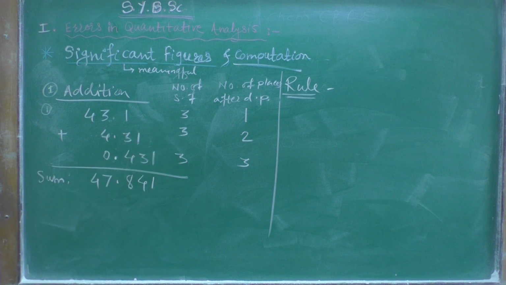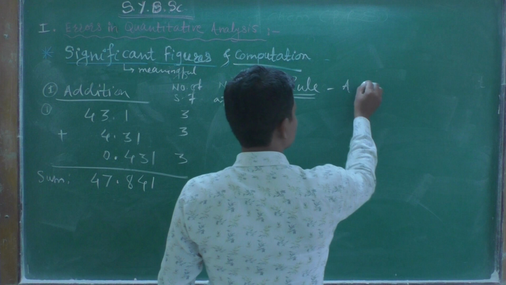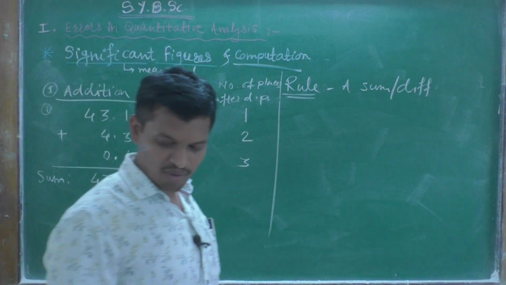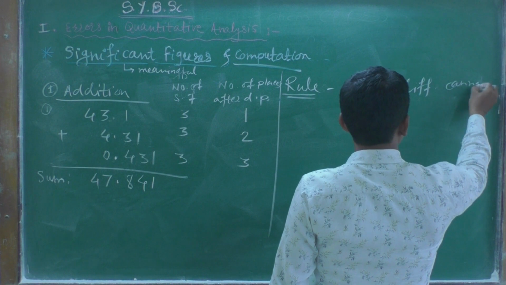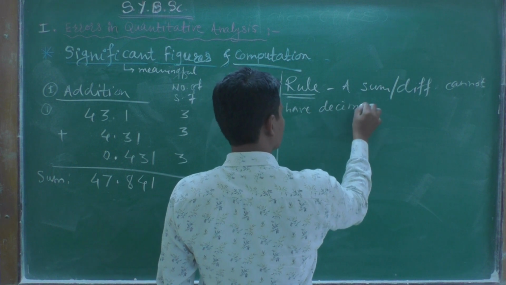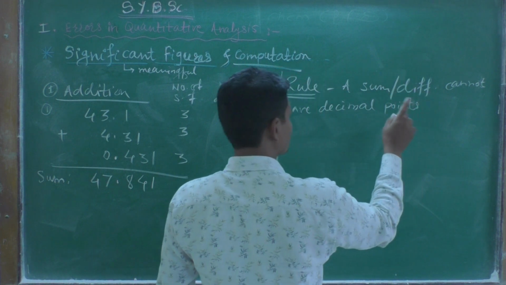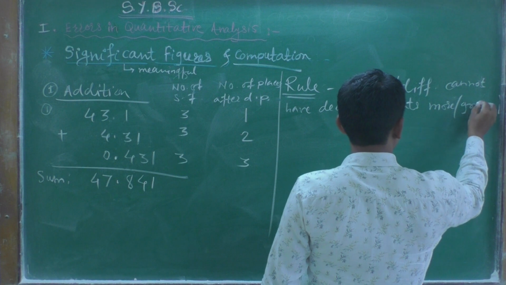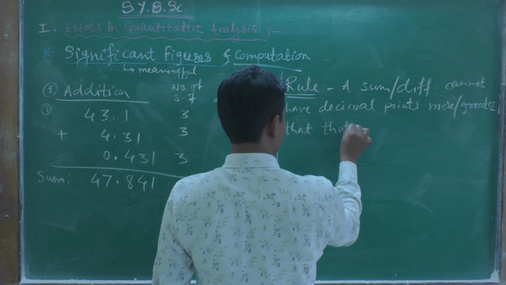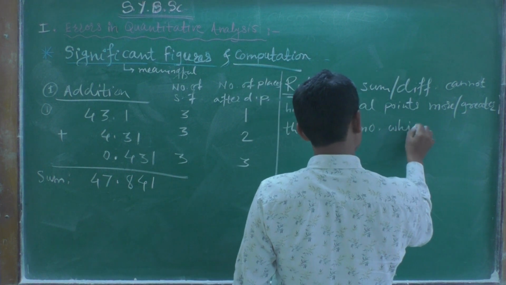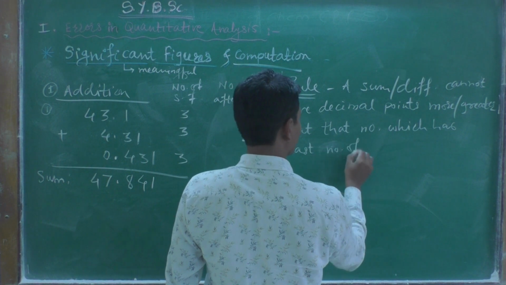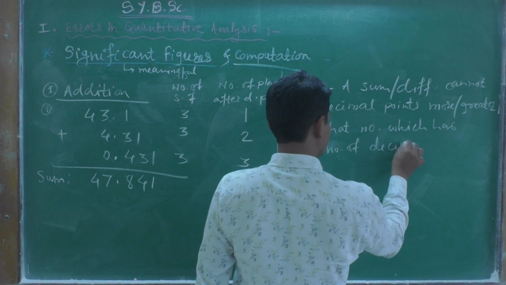Now what is the rule? The rule is that a sum or difference cannot have decimal places more or greater than that number which has the least number of decimal places.